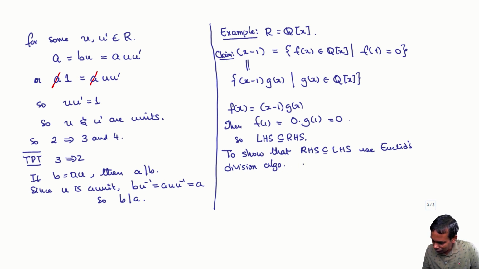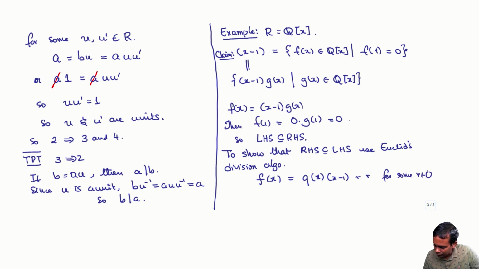It says that if I have a polynomial f(x), I can write it as q(x) times (x minus 1) plus r(x), where the degree of r(x) is strictly less than the degree of x minus 1. But the degree of x minus 1 is 1. So that means that the degree of r(x) is actually 0, which means it's a constant polynomial. So I can just think of it as r in Q, or I can work with any field here. Now this is true for any polynomial.